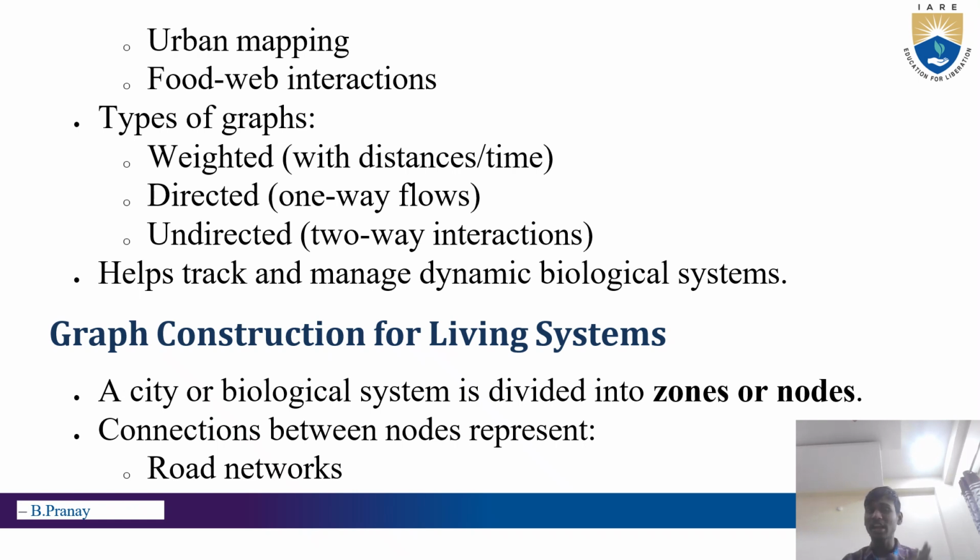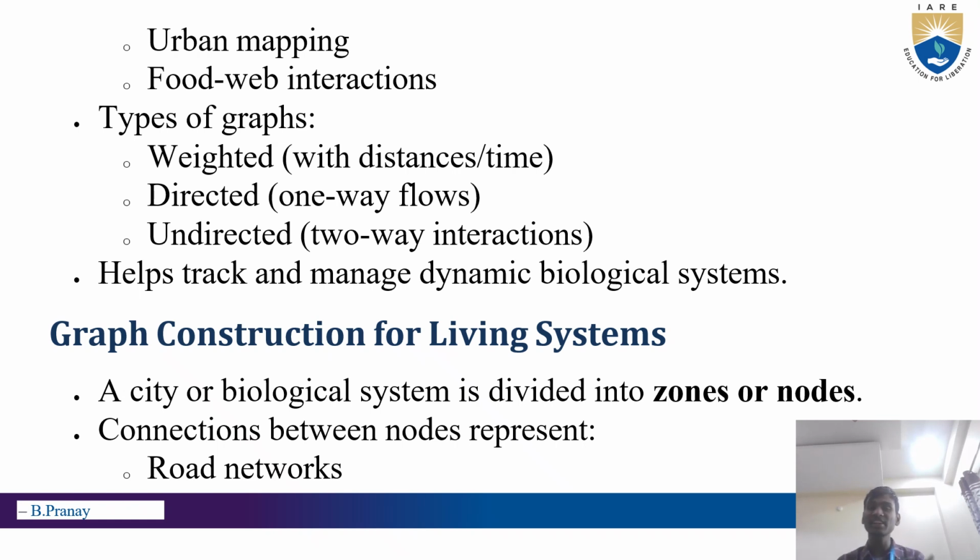There are types of graphs we can use in biological systems: a weighted graph with distances and time; a directed graph, with one-way direction like people traveling on a road; and an undirected graph, with two-way directions, like going to one destination in two-way or multi-way directions. This helps track and manage biological systems in a very dynamic way.